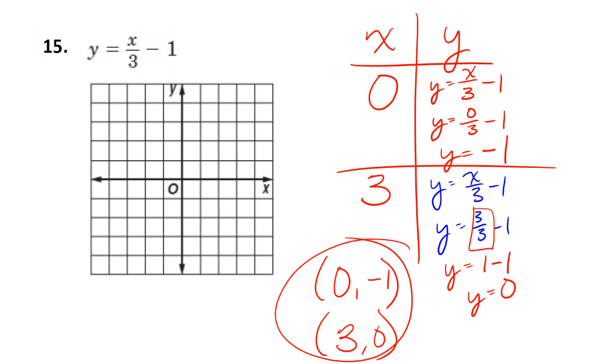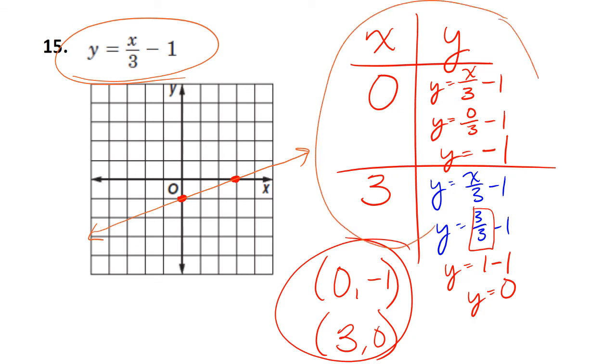So I have 0, negative 1, which is going to be graphed right here. And then I have 3, 0: 1, 2, 3, 0. I have 2 points, and now I can draw my line. So I'm going to put my straight edge down, draw my line, and ta-da, I've now graphed this function y equals x over 3 minus 1. I created my chart for x values to solve for my y values, I have 2 ordered pairs, and then I can graph it.